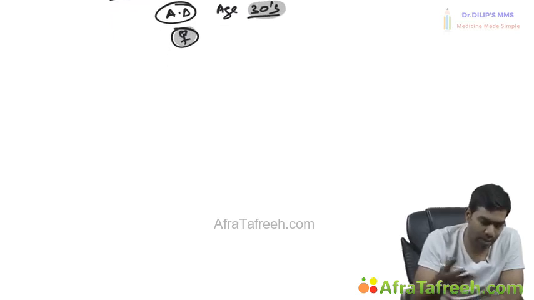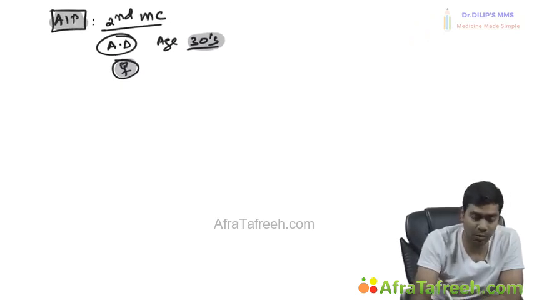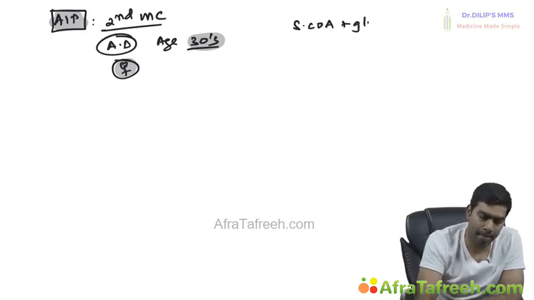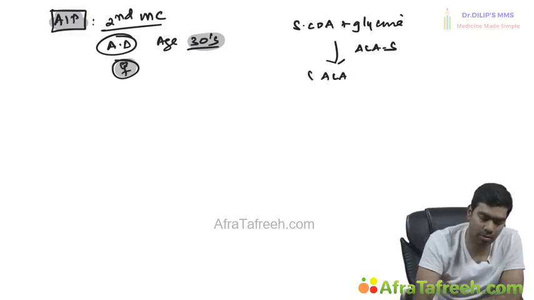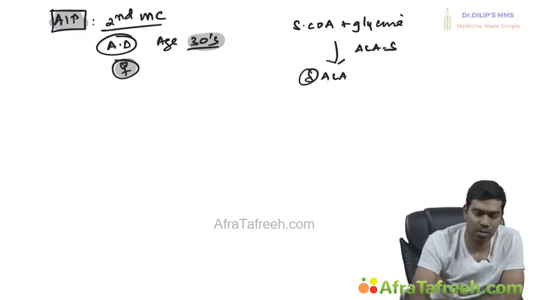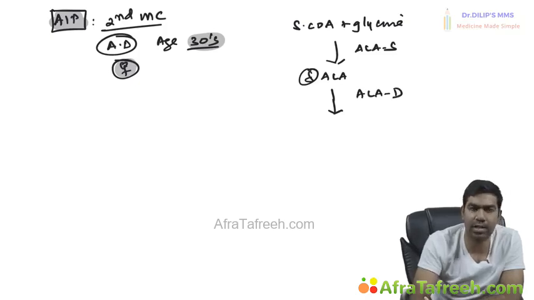So what is the reason for acute intermittent porphyria? If you ask me the pathophysiology, you see succinyl-CoA plus glycine under the influence of the enzyme ALA synthase resulting in formation of delta aminolevulinic acid. This delta aminolevulinic acid under the influence of ALA dehydratase enzyme results in porphobilinogen.